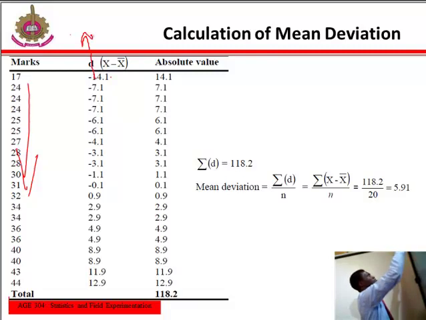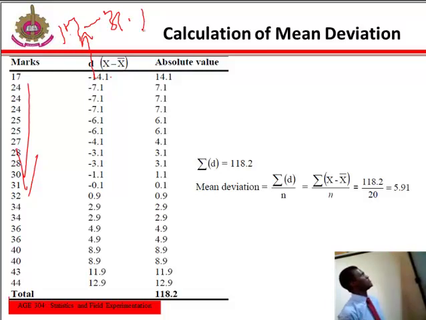For this, we have 17 minus 31.1. That's how we arrive at minus 14.1. Also, 24 minus 31.1, we have minus 7.1. And we have 44 minus 31.1, we have 12.9.